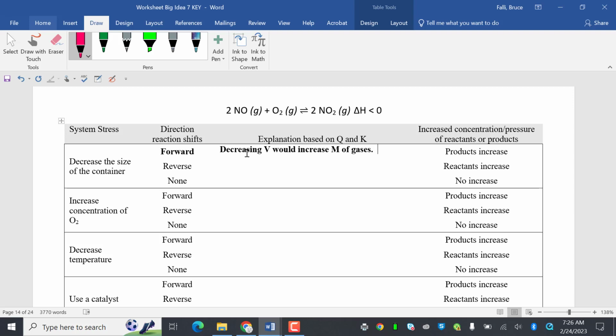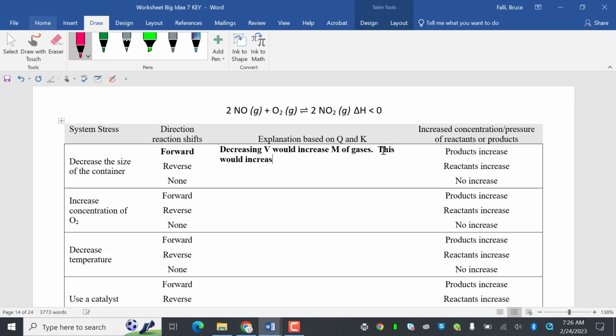I'm sorry, my explanation's right, but I think I said the wrong thing. Forward has 2, reverse has 3. My bad. Would increase the moles of gases.